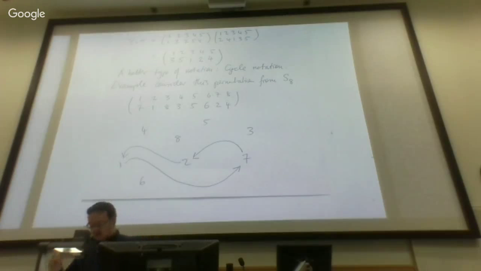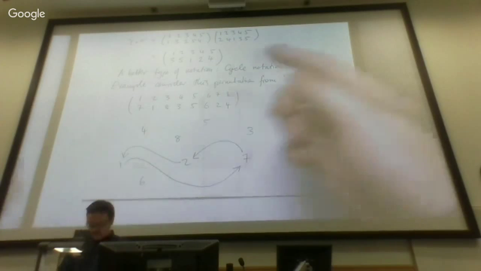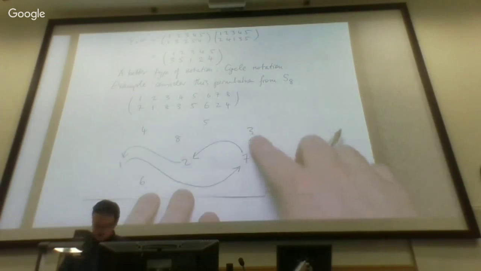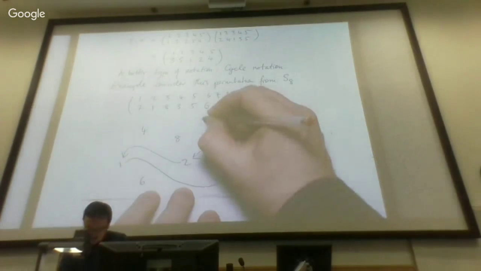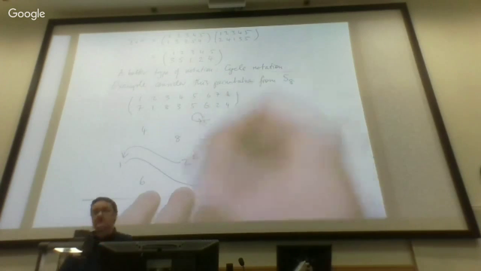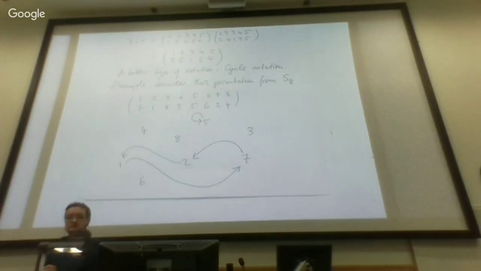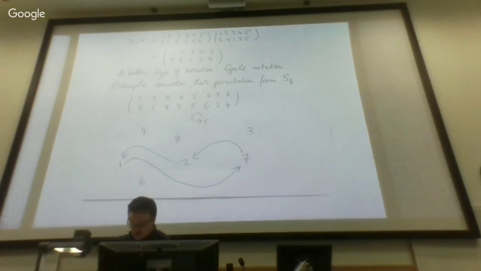Then I'll use a different color and start somewhere else. Just to emphasize, there's no meaning to the numbers. Let's just start at 5. 3 is the smallest one I haven't used, but let's start at 5. 5 goes to 5. That was short and sweet. It's its own little cycle of length 1.